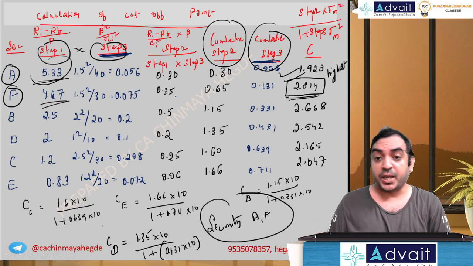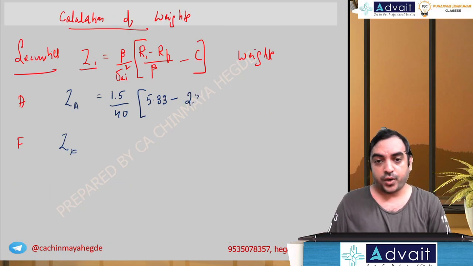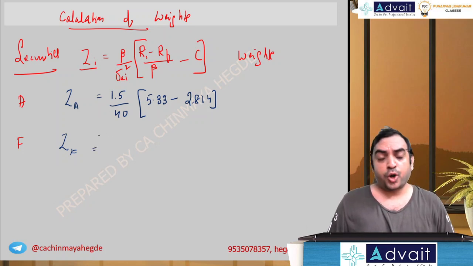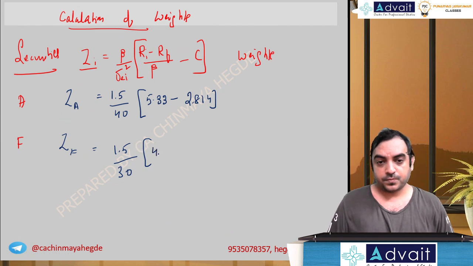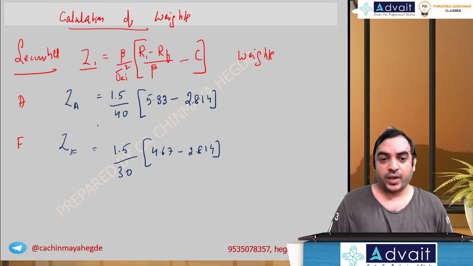The cutoff point we calculated, 2.814. Let me calculate for F also. Beta, go back to the problem. In the problem for F, beta is 1.5. So for this also 1.5, divided by sigma E square, next column, 30. Its ratio we calculated, 4.67, minus 2.814.